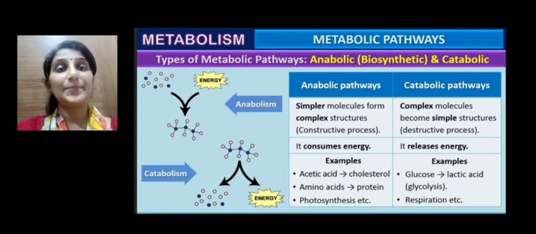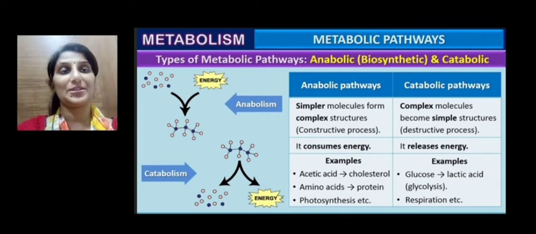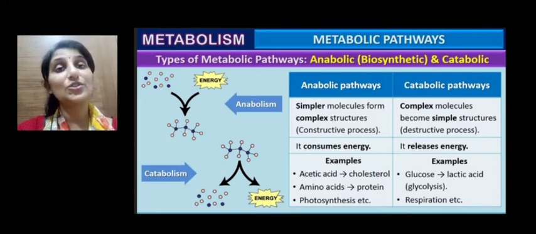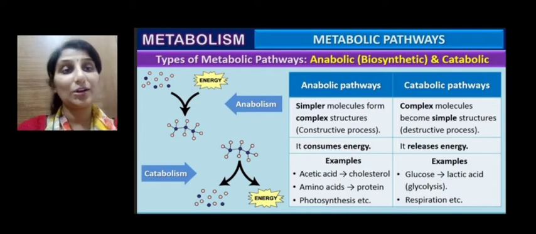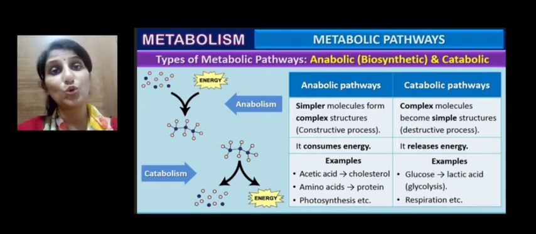There are two types of metabolic pathways, anabolic and catabolic. Anabolic means simple molecules form complex structures. So it is a constructive process, and this process, in which simple molecules join together to form a complex molecule, consumes energy. For example, acetic acid forms cholesterol, amino acids together form proteins, and photosynthesis are all constructive processes.